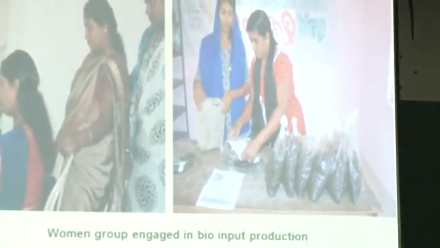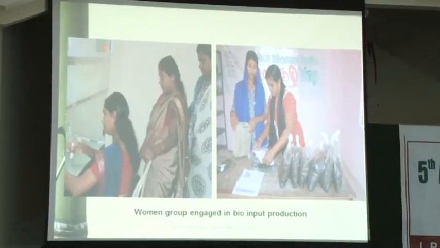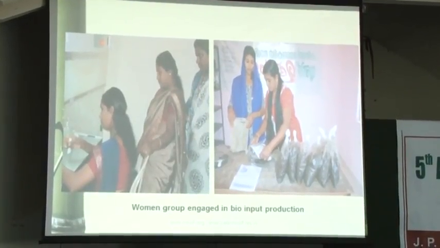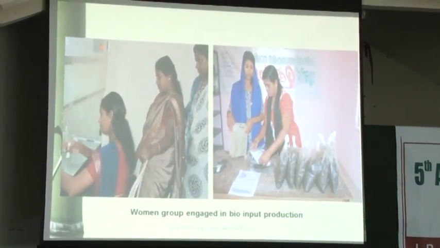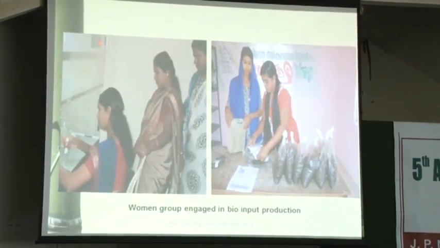We can change the material which is used for the production of bio inputs. The commonly used medium or substance is talcum powder, and we can change the substance so that the people involved get more income out of it.